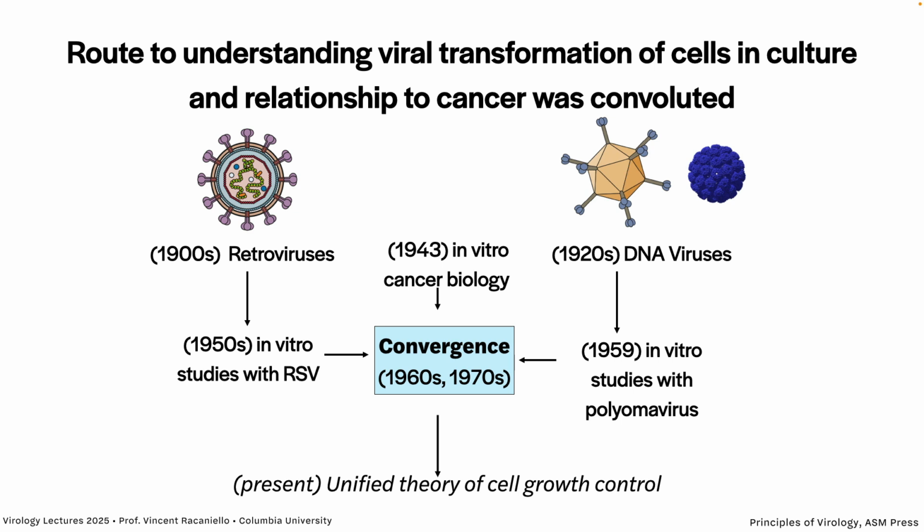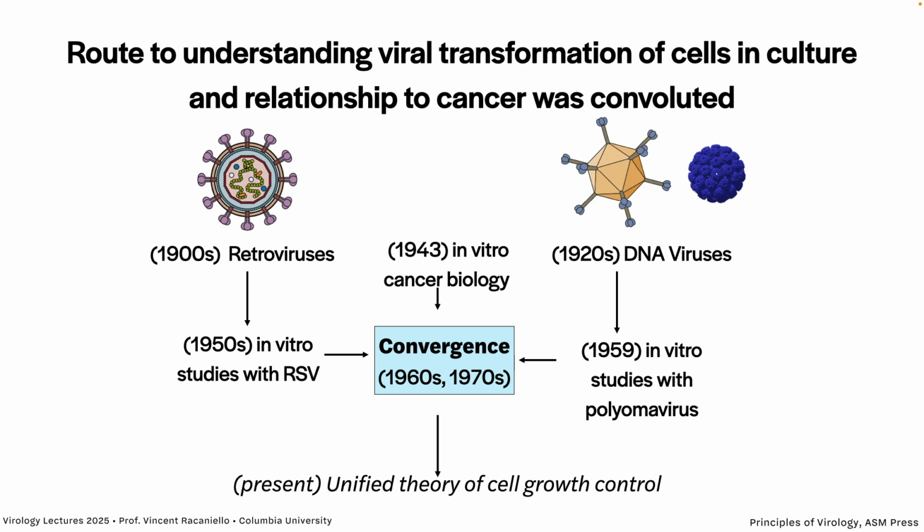These are going to converge in the 60s and 70s. And today, our understanding of cell growth control is totally because of these viral studies. Completely. The whole way that cell division is controlled, we understand because of studies of viruses.